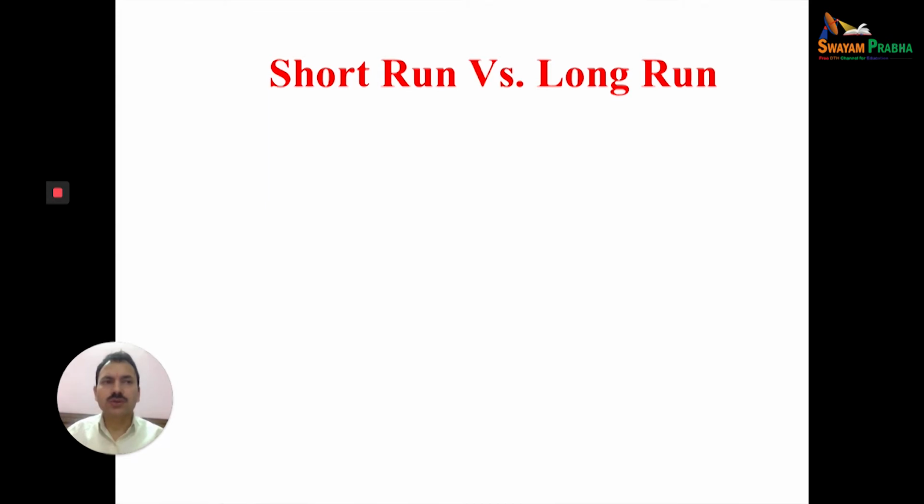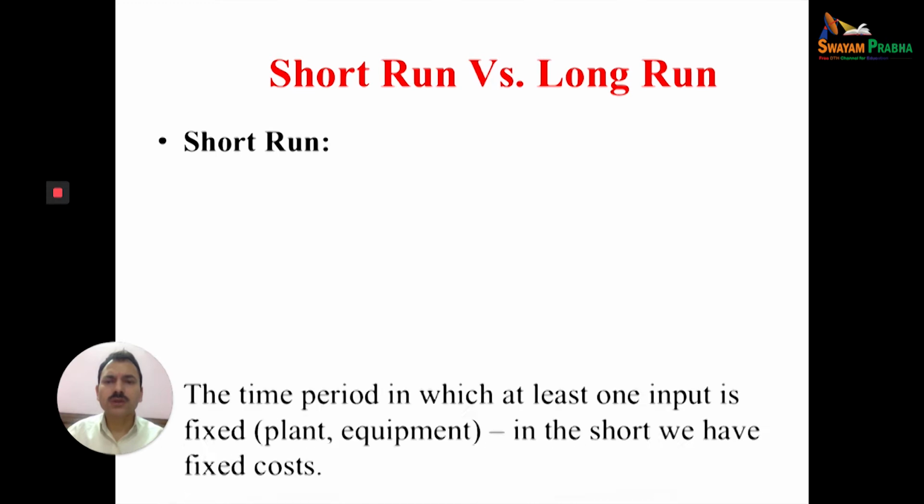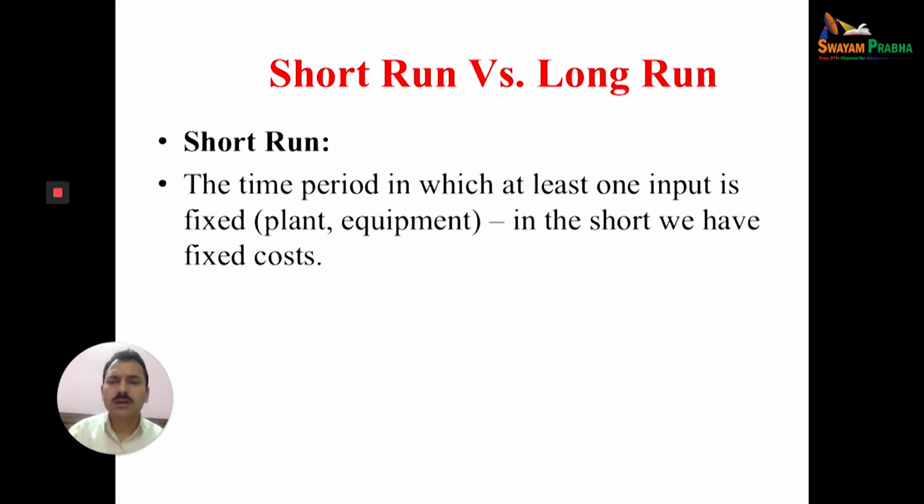Now, short run cost curve and long run cost curve. The short run is the time period in which at least one input is fixed, maybe plant or equipment, and some costs will be variable.